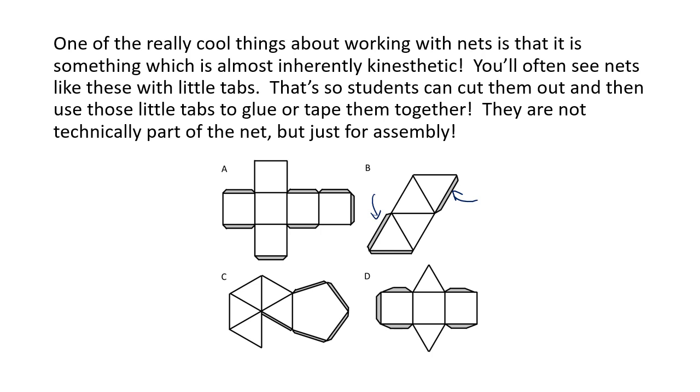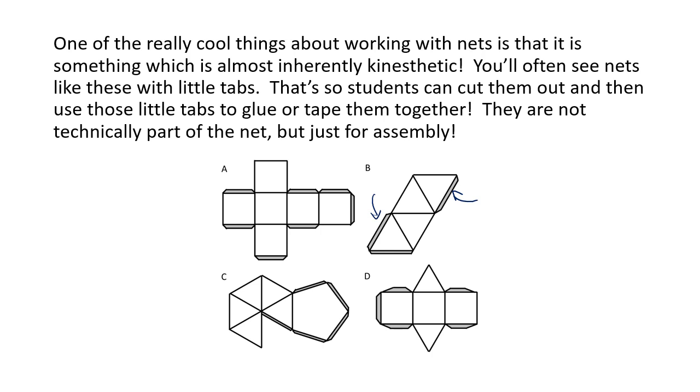If you were to photocopy this, and maybe even blow it up to make it a little larger, you could put glue or tape on those tabs and use them to assemble these pieces. So just keep in mind that those little tabs are not technically part of the net. They're just there to help put the pieces together.